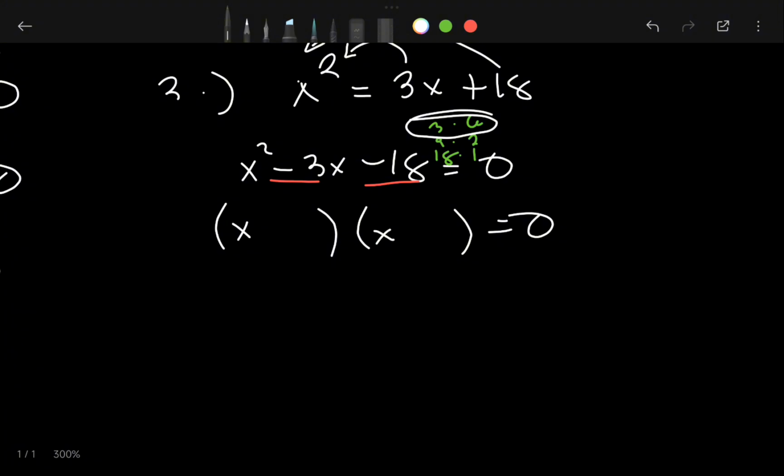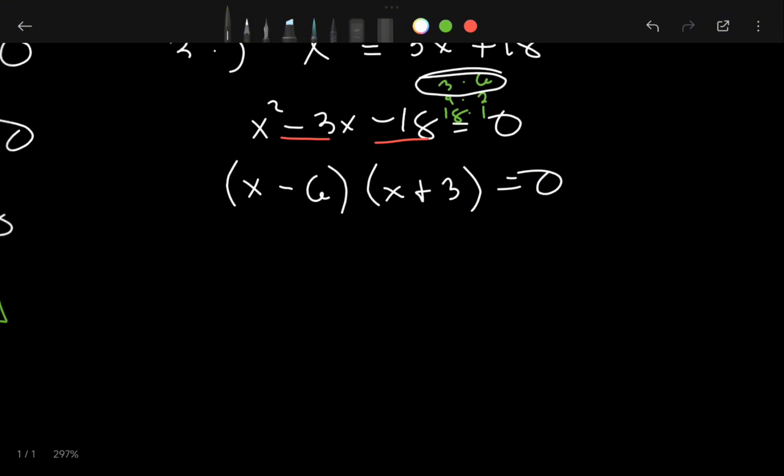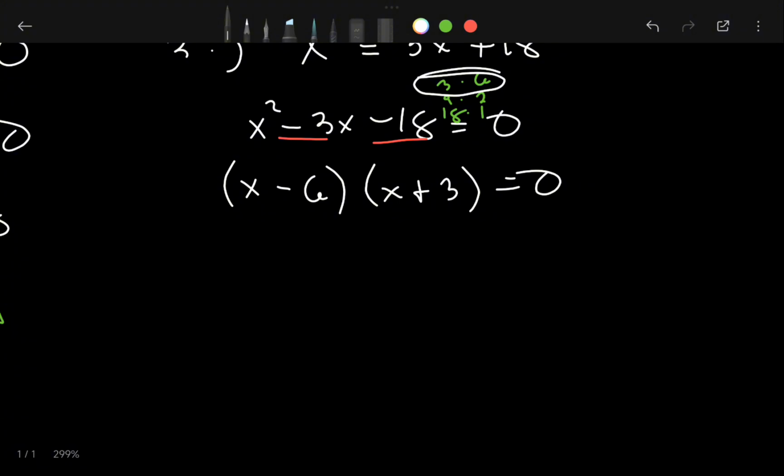Since 6 is the greatest value among the factors, 6 will carry the sign of the middle term. So this will become negative 6 followed by positive 3. If you multiply negative 6 times positive 3, that's negative 18. If you add them, the answer is negative 3. So the factors are now correct.